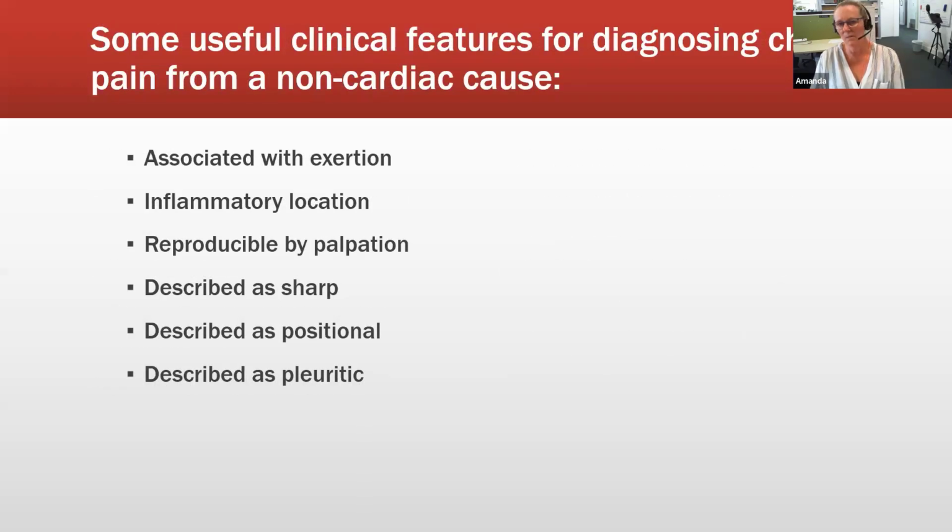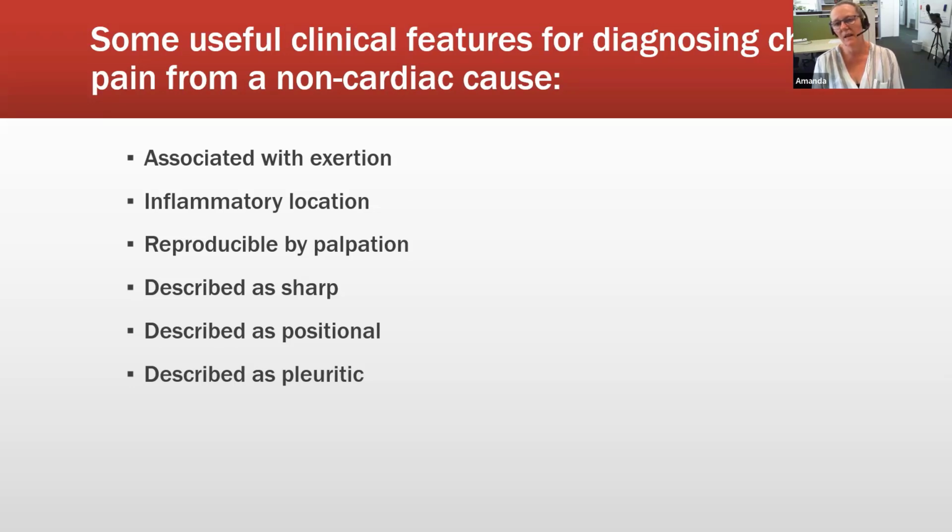So some of the symptoms associated with non-cardiac, associated with exertion. We want to be really careful not to rule out ACS just because exertion has been involved. What we're looking at here is: is it exertion that's caused the ischemia, or has exertion caused something localized? Just because the pain is associated with exertion, we need to get that thorough history.